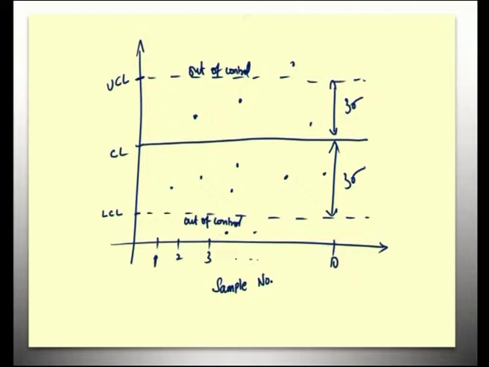The control line is the expectation of the statistic T. For computing UCL, it is expectation of T plus 3 sigma, and for calculating LCL, it is expectation of T minus 3 sigma. And we get the graph like this for the control chart.